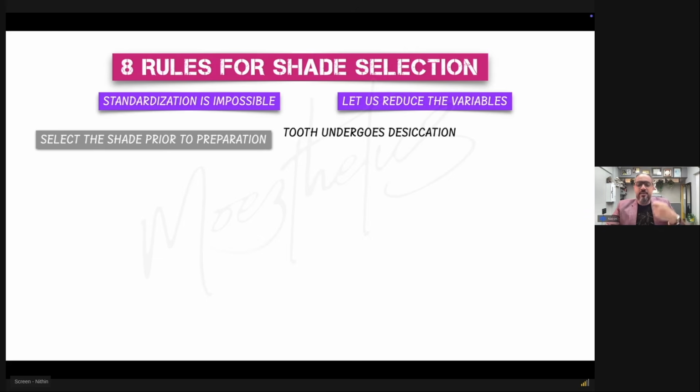A dry tooth will always have a completely different value as compared to a moist tooth. And second, when we are staring at the tooth for long, our eyes fatigue and our ability to select the right shade goes completely off the window. Okay, so select the shade prior to tooth preparation. This is the first rule of shade selection.